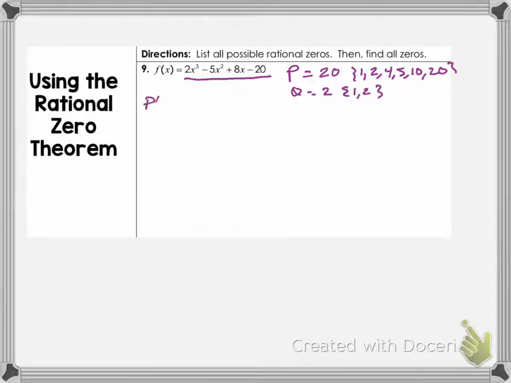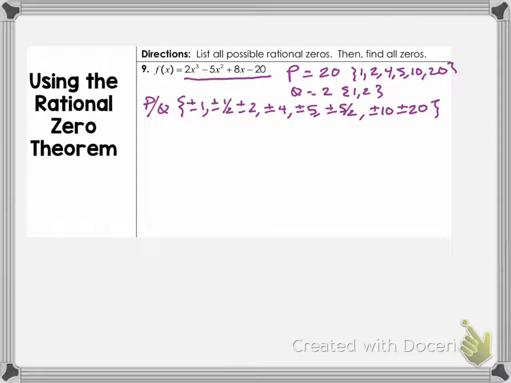So if I list all the possible p over q's, it's plus or minus 1, plus or minus 1/2, plus or minus 2, plus or minus 2/2 would be 1, so that doesn't need to go down, plus or minus 4, plus or minus 4/2 is 2, so that doesn't need to go down, plus or minus 5, but I do need plus or minus 5/2, plus or minus 10, plus or minus 10/2 is 5, so we already have that, plus or minus 20, and then plus or minus 20/2, which is 10. So there's my possibles.